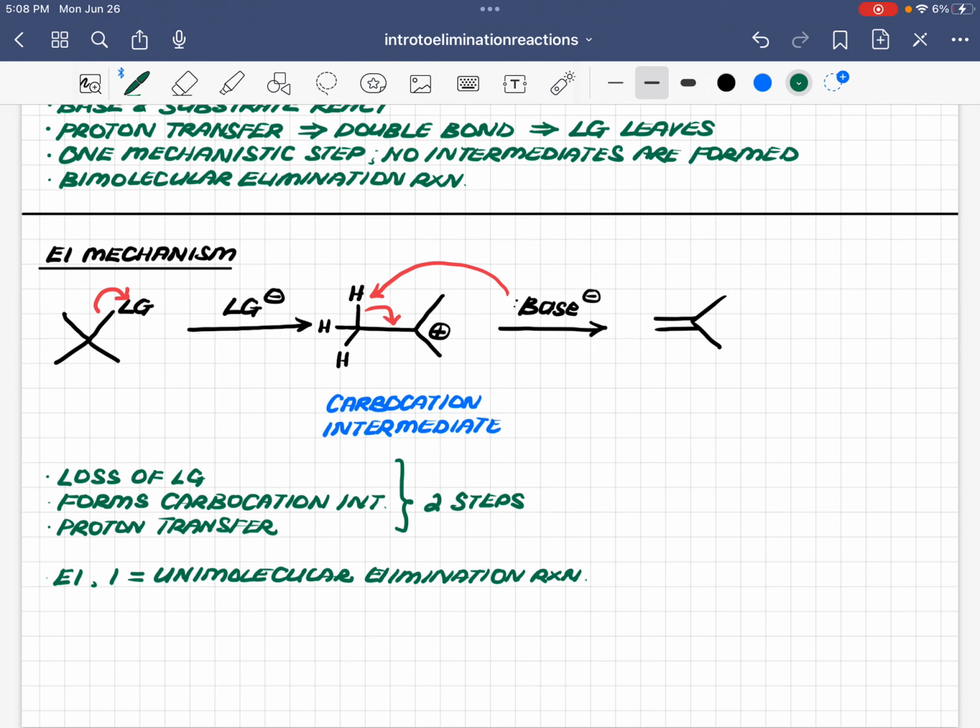And it's unimolecular because it's not dependent on the concentration of the base. We just have the leaving group leaving all on its own. So in order for the reaction to start, we don't need to consider the concentration of the base at all, which is why we call it unimolecular.